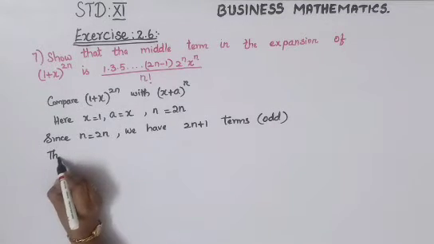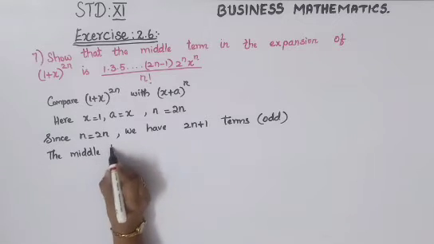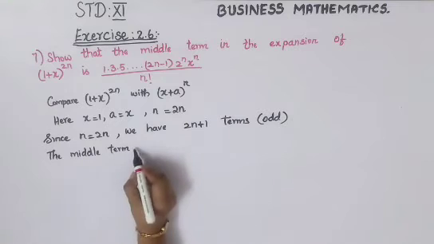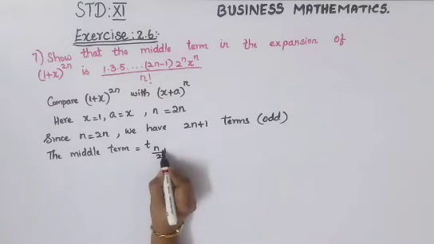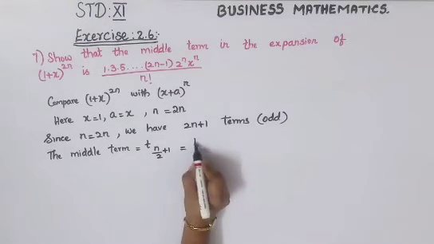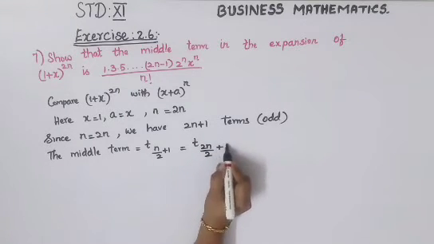Okay, the middle term is, they have asked you to find the middle term only. So the middle term formula is T n by 2 plus 1. If it is odd, this is your formula. Okay, so that is equal to T. In the place of n we have got 2n, so 2n divided by 2 plus 1 separately.